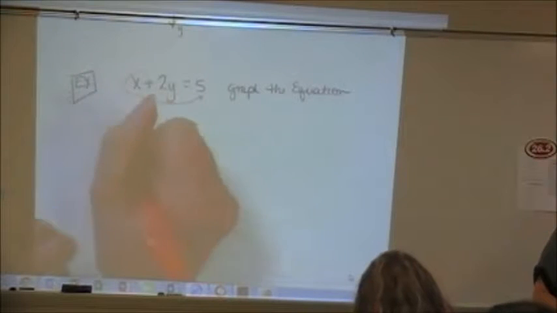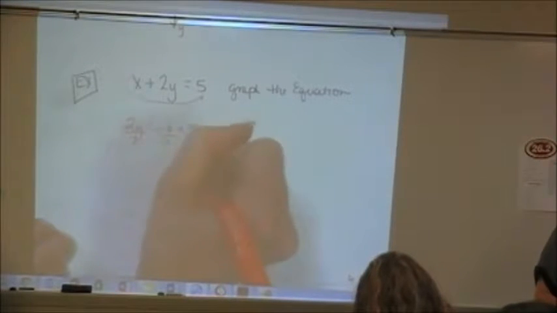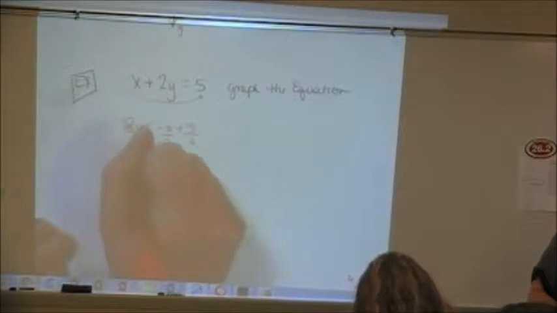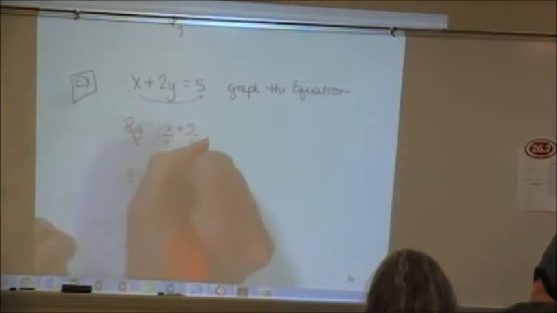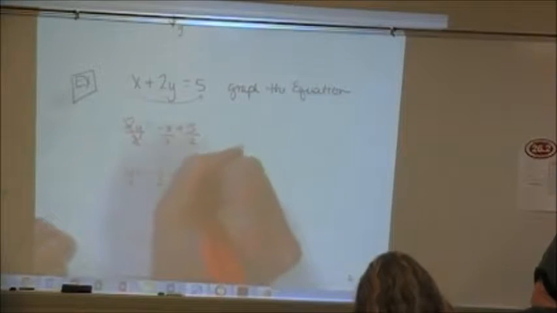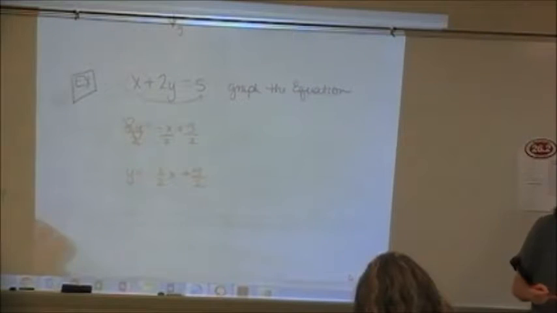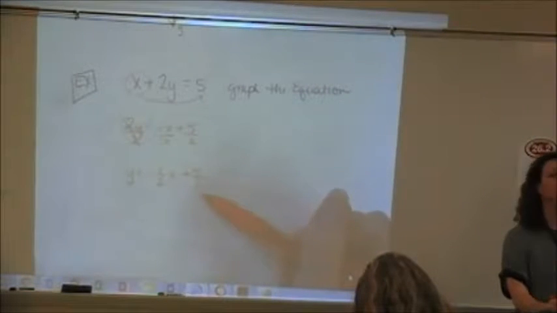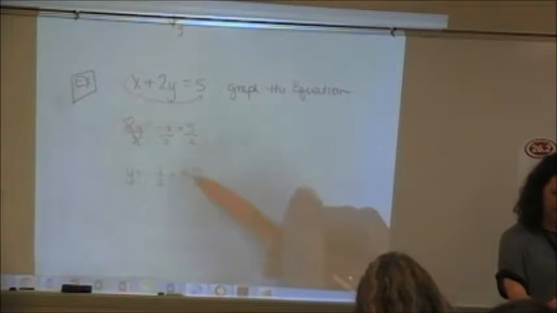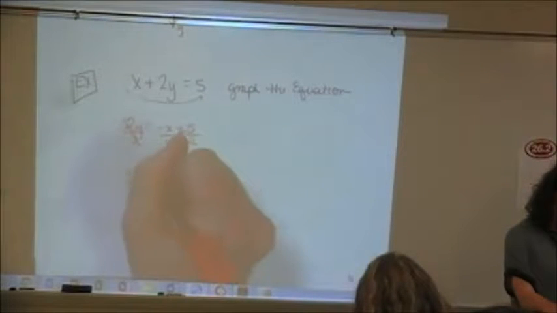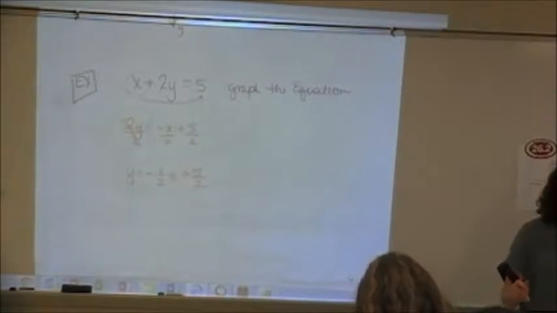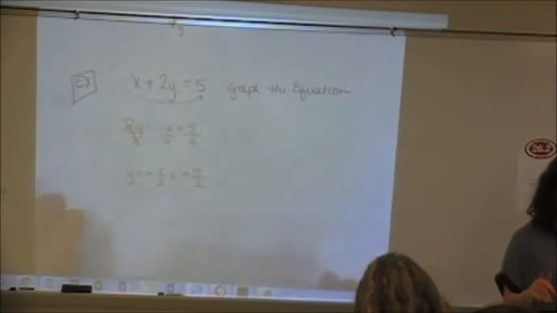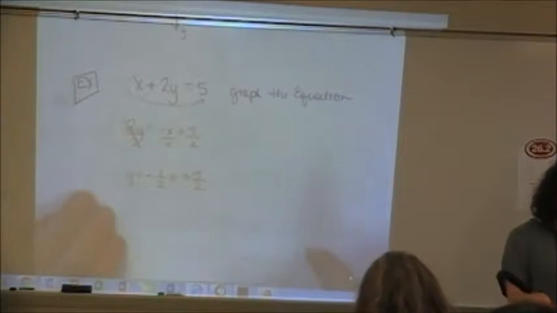And then divide by 2. And then to graph it, remember you would go up to 5 halves, which would be 2.5. And then from there you would count slope. In this case it's a falling slope, so it would be down 1, right 2. Put another dot, draw a line.